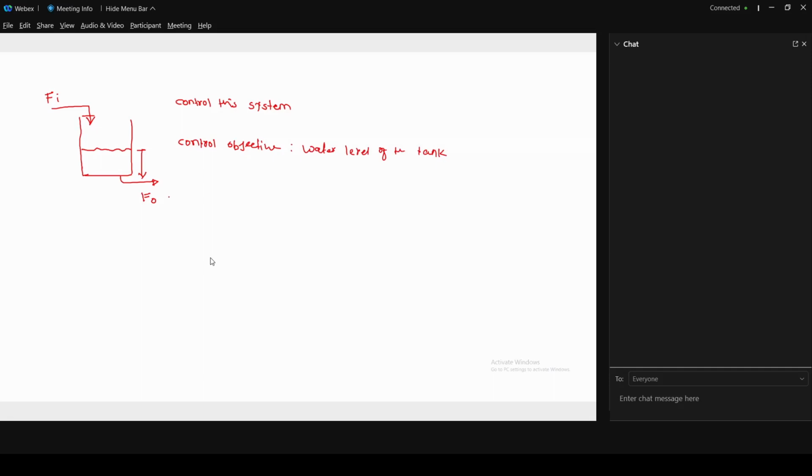Okay, so let's say input flow rate, output flow rate, diameter of the tank. Is there anything else which can influence the water level?